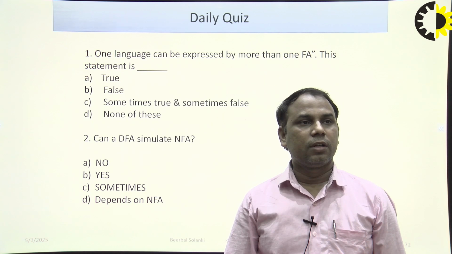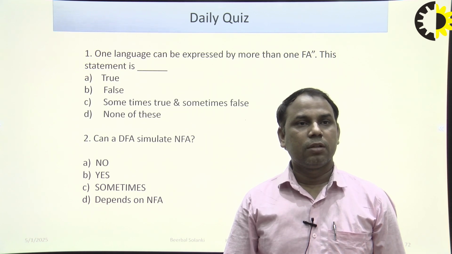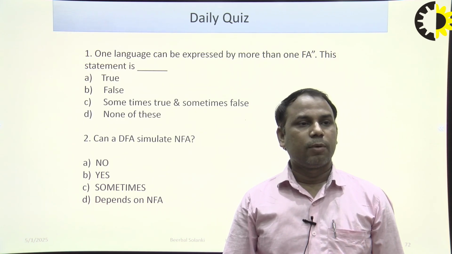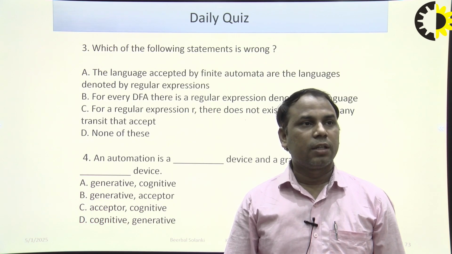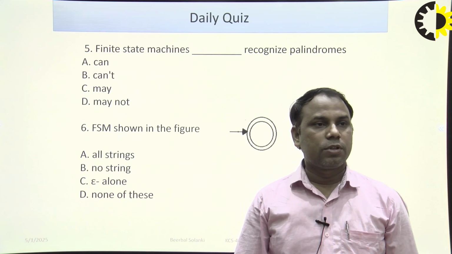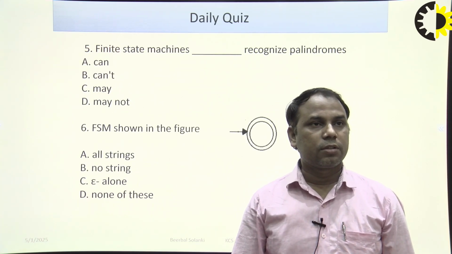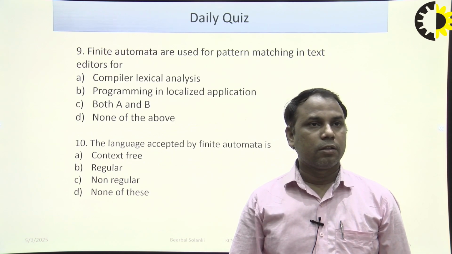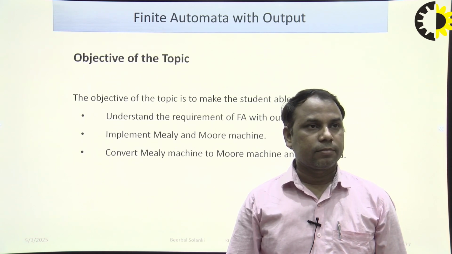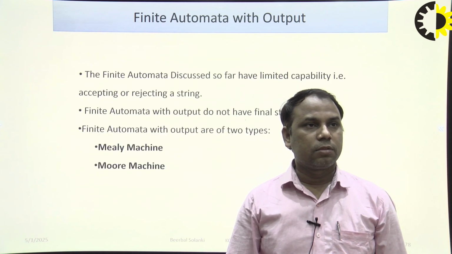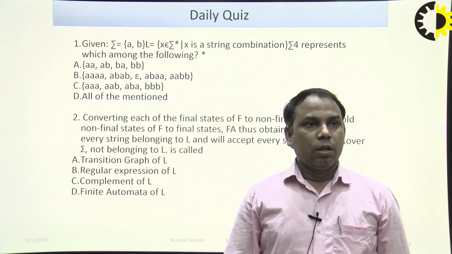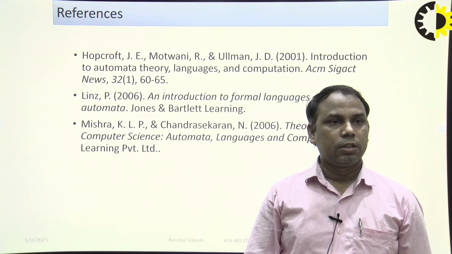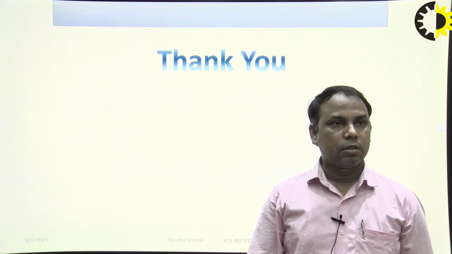The first: one language can be expressed by more than one FA, true or false, and can be defined as simulated NFA. Then the third question, the fourth question, then the daily questions quiz, then finite automata with output, and then the references.